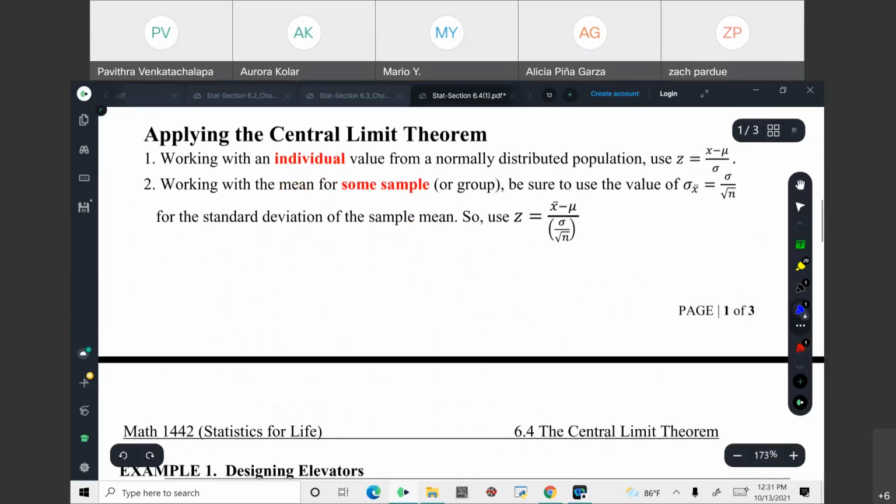Now we have two formulas here. Now, how do you find the probability?